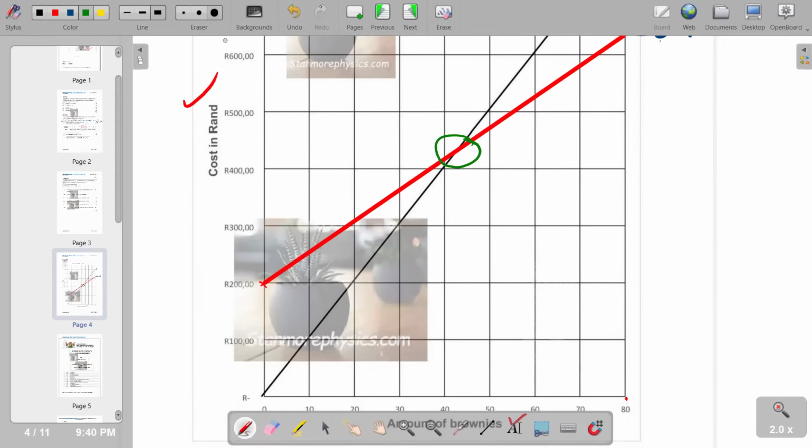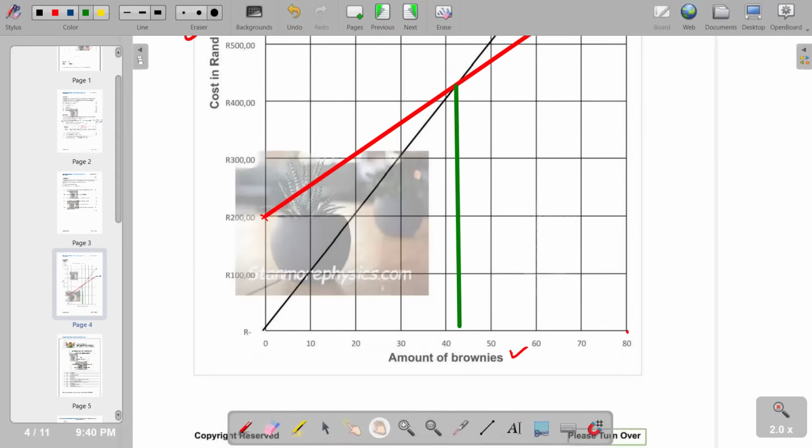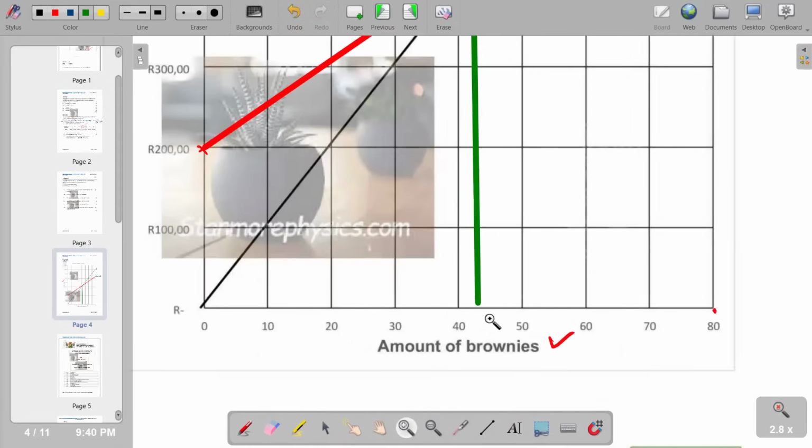With that, we try to see what we have in terms of number of brownies. If you go down, we see that we are here. Approximately, we have 40 here, and of course, this can be 43.